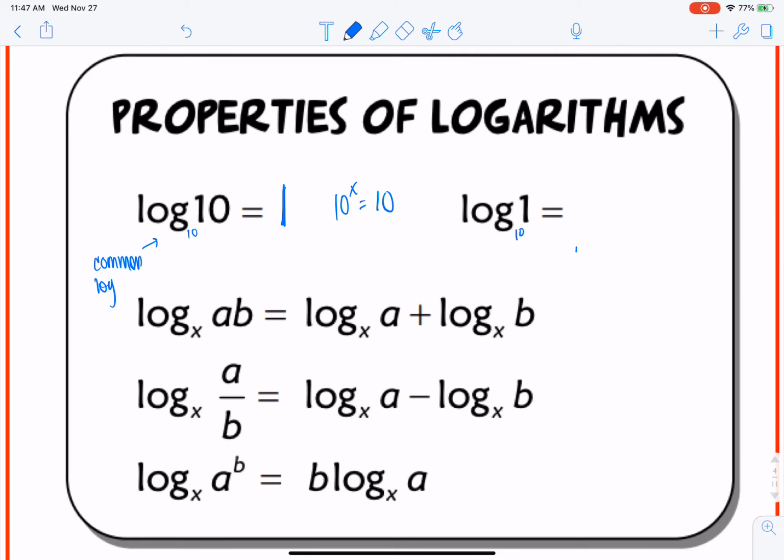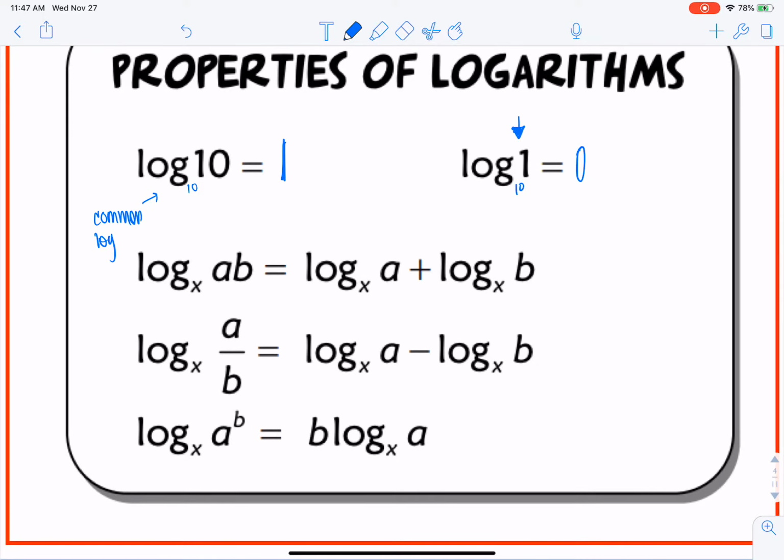Log base 10 of 1 is 0, and we know that anything raised to the 0 power is equal to 1. So anytime our logarithm is equal to 0, we always know that we're taking the log of something that's 1, because anything raised to the 0 power is 1.